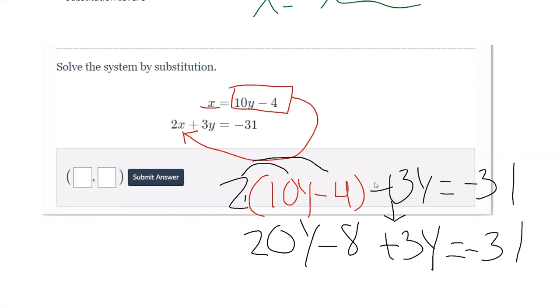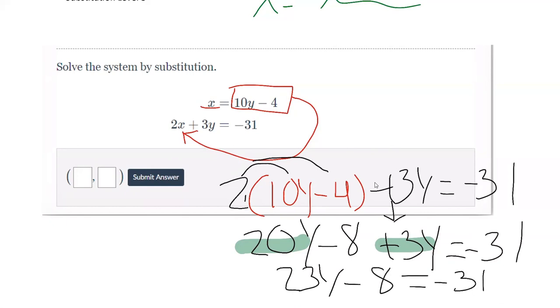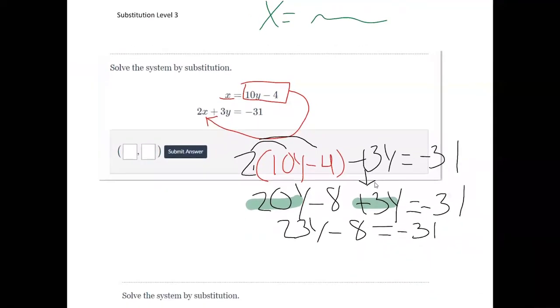Since we have y's on the same side of the equal sign, we can combine those. Pay attention to their signs, but this would be positive 20y plus 3y. So all together we have 23y minus 8. To solve this, we could add the 8 over, because you want to do the opposite.